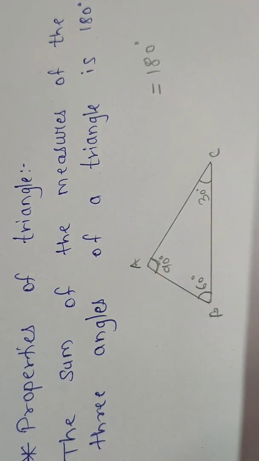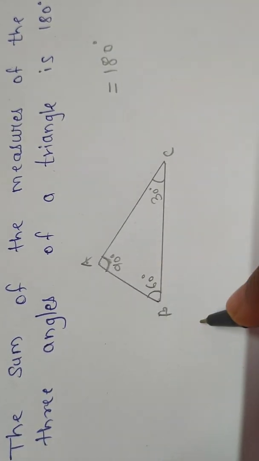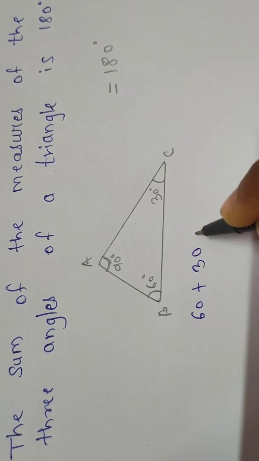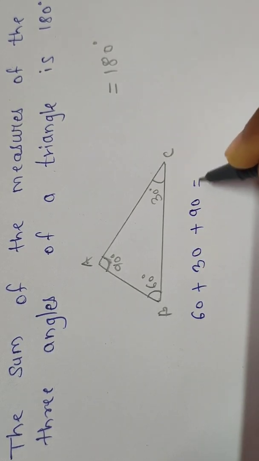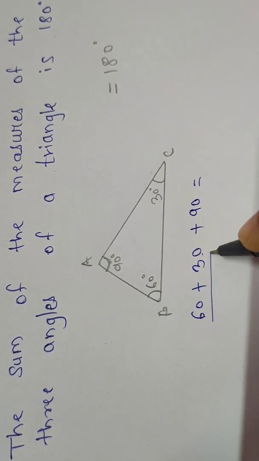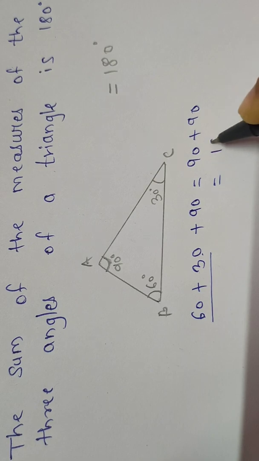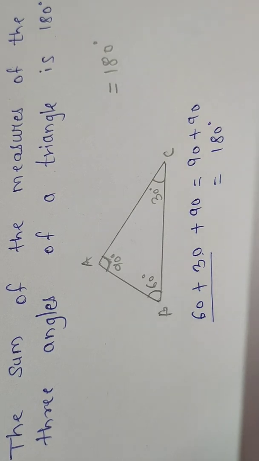Now see, the addition of all three angles should be equal to 180 degrees. 60 plus 30 plus 90: 60 plus 30 is 90, plus 90 will give you 180. Yes.